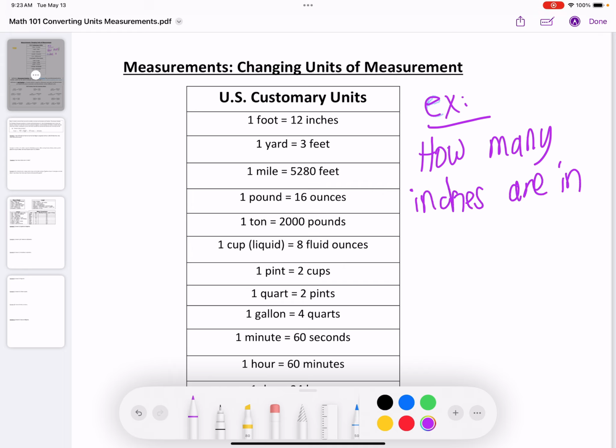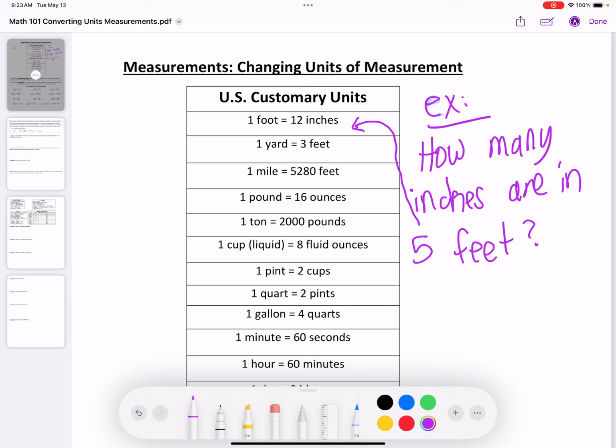I feel like I'm phrasing this weird, but hopefully you know what I mean. A lot of times we're familiar with how many inches are in a foot, and we don't even need to consult this chart, even though the conversion is up here at the top. 1 foot is 12 inches.